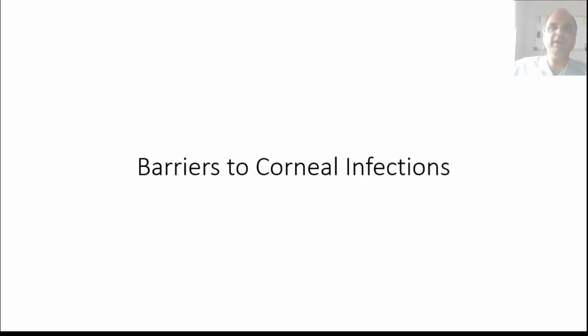So what is preventing your cornea from becoming infected? As long as your eyes are open, your cornea is always facing everything that's in the environment. So there must be something that makes it so well protected that it doesn't usually get infected.